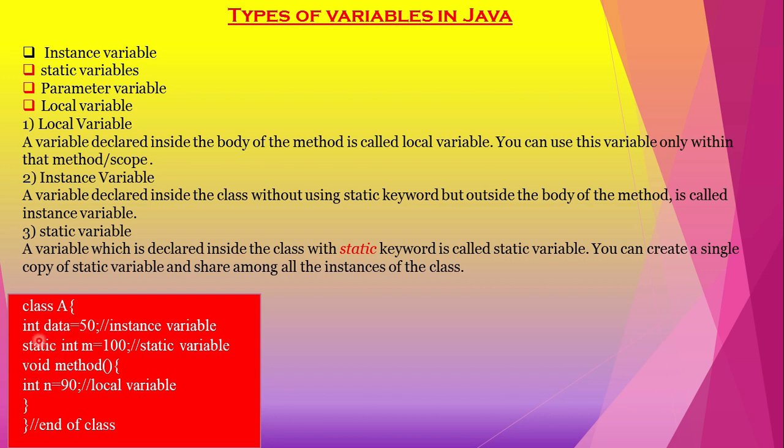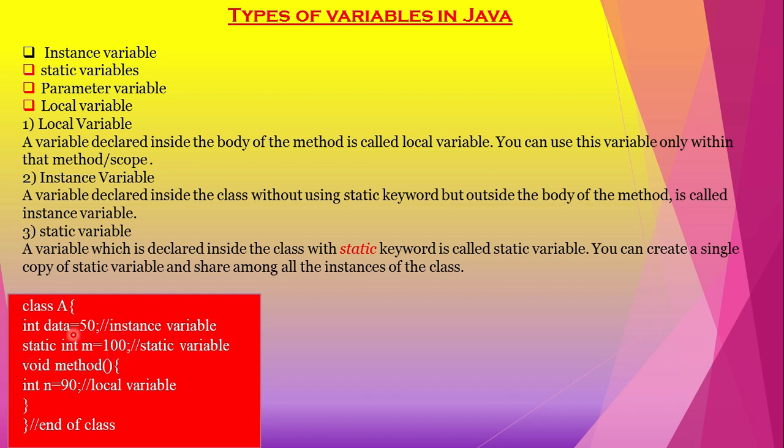Same way, suppose you are creating 5 objects for this class A, then 5 copies of this instance variable will be available separately, but only one copy of the static variable will be available for the entire class.